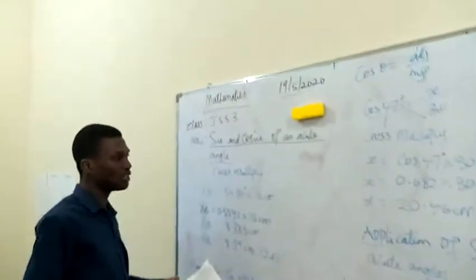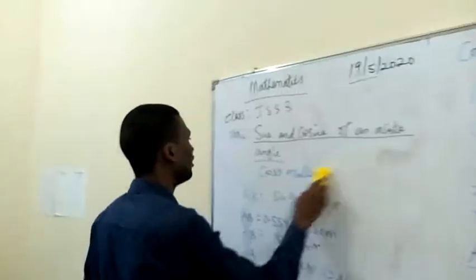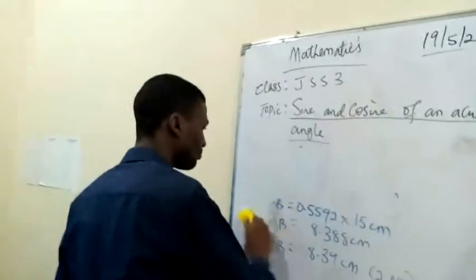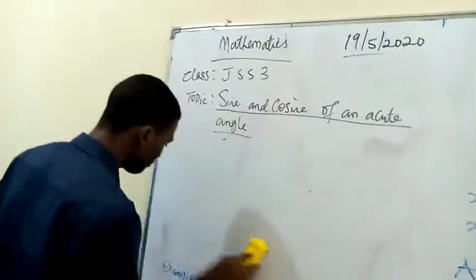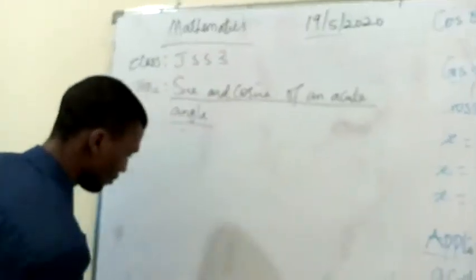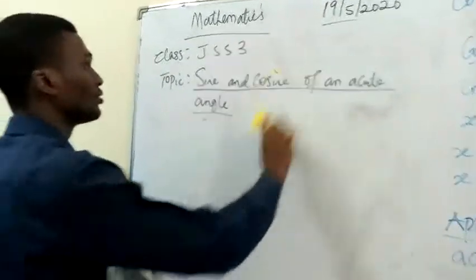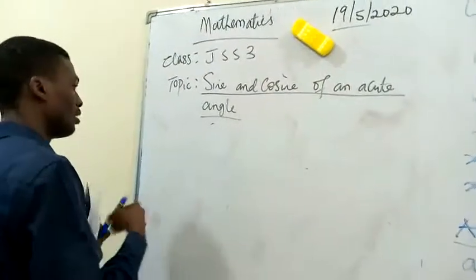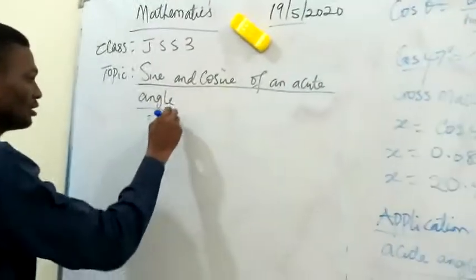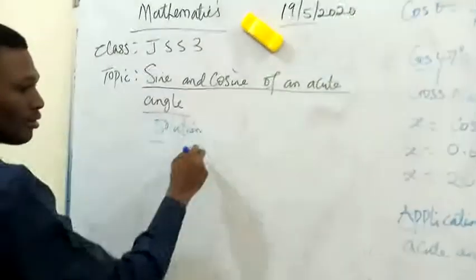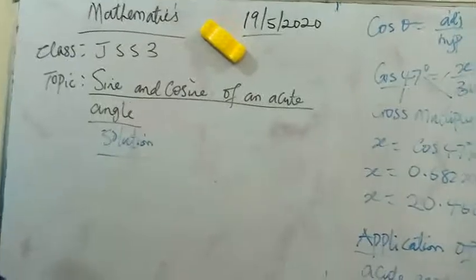Now in this case, the diagram is not given. You have to read the question and draw the diagram. So the diagram is part of our solution in this case. A ladder inclined at an angle, we can draw the ladder.